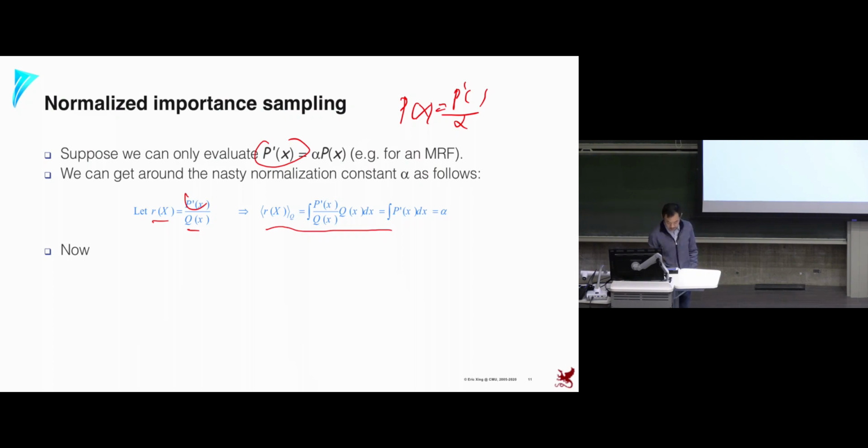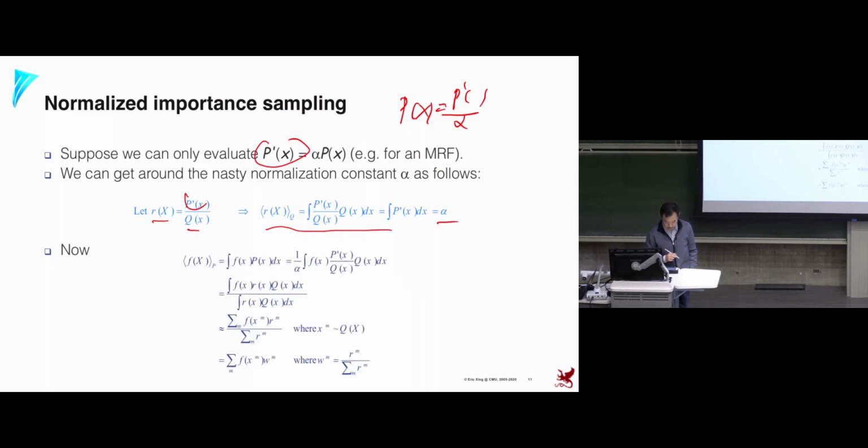And you take an expectation of R, and through this derivation, you can see that the expectation actually equals alpha, the normalization constant. Therefore, you do have the normalization constant. So what you need to do now is slightly change the formula. The computation of the expectation now makes use of the unnormalized ratio, and pulls out the normalization constant, which we know how to compute.